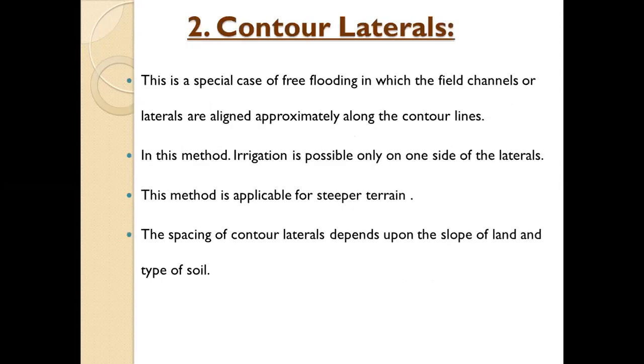The second one is the contour lateral. This is a special case of free flooding in which the fill canals or laterals are aligned approximately along the contour line. In this method, irrigation is possible only on one side of the laterals.